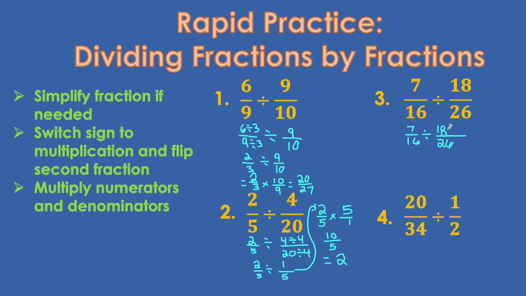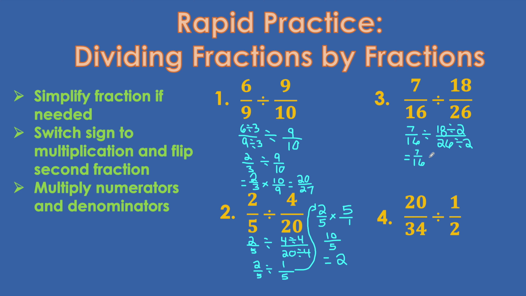Divide top and bottom by 2. That is our greatest common factor.